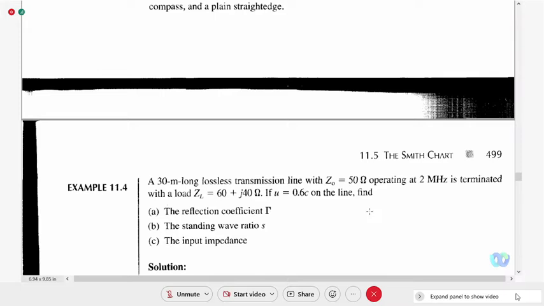First calculate the wavelength. It is given, and frequency is also given. Okay, solve this.